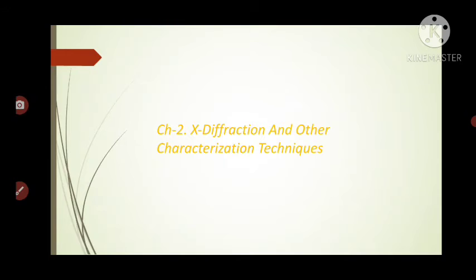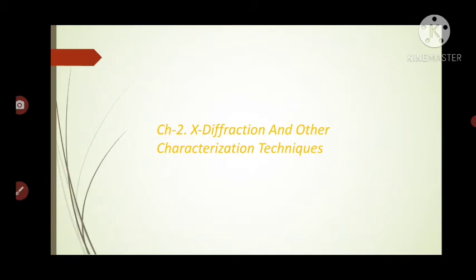This chapter has two main parts. The first part is X-ray diffraction, which considers the Bragg diffraction condition, crystal as a grating, Bragg's law and Bragg's diffraction condition, Bragg's law in reciprocal lattice, Ewald construction, experimental methods of X-ray diffraction, and analysis of cubic crystal by the powder method. All of this is considered in X-ray diffraction.